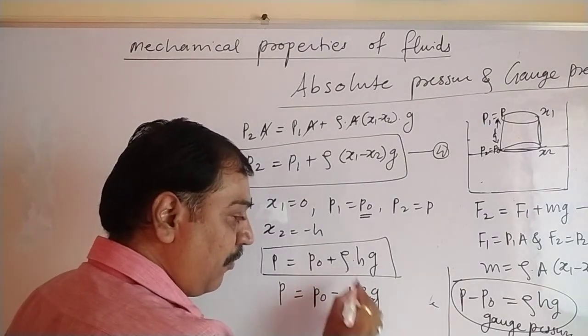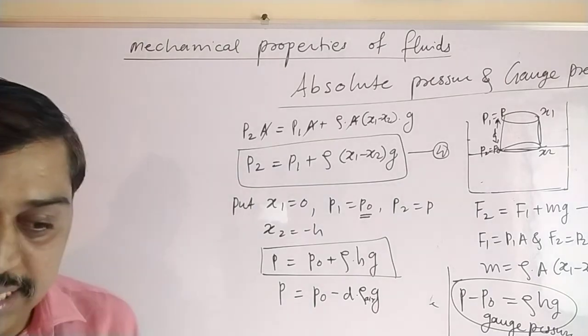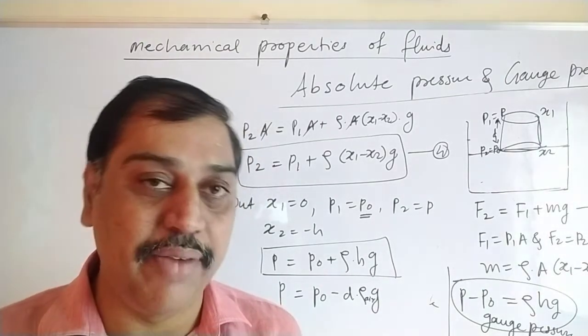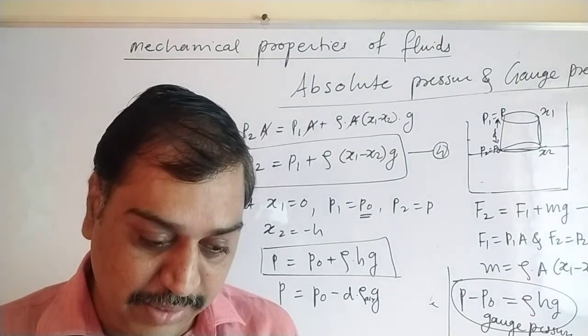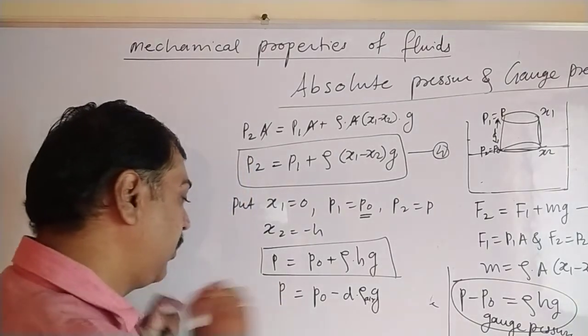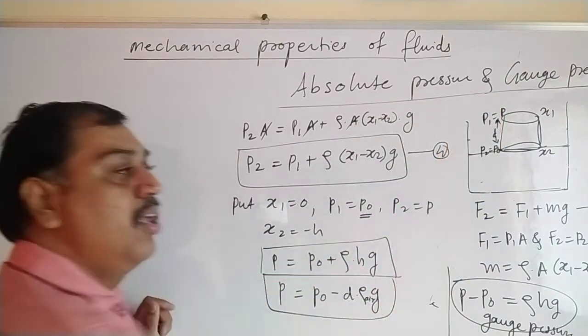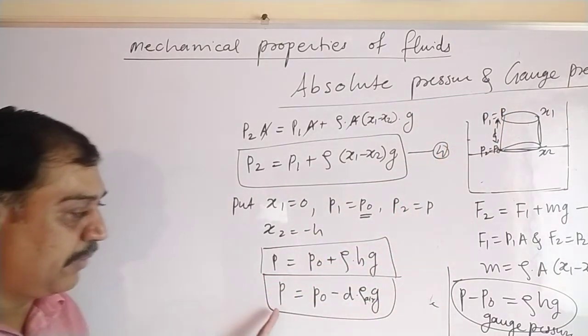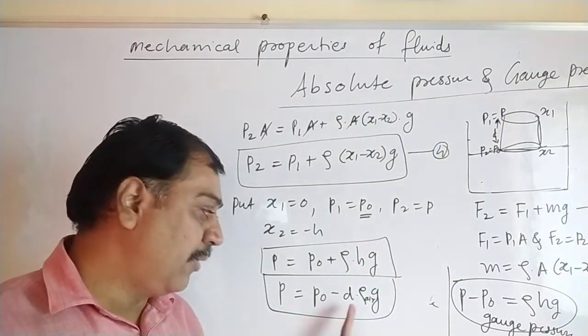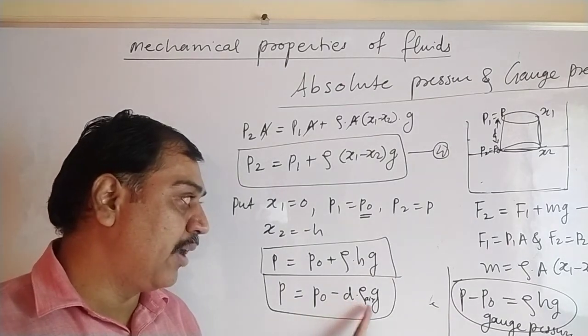See, this is the density of fluid. Rho air means density of air, that we have to consider now. And this equation gives the absolute pressure at a height d above the fluid level, given by P equal to P0 minus d rho air g.